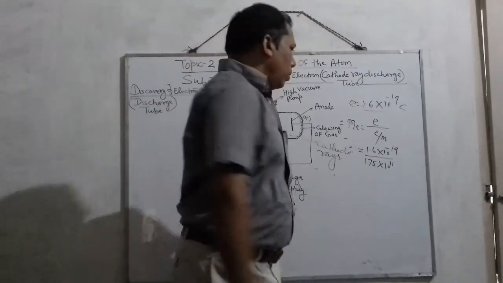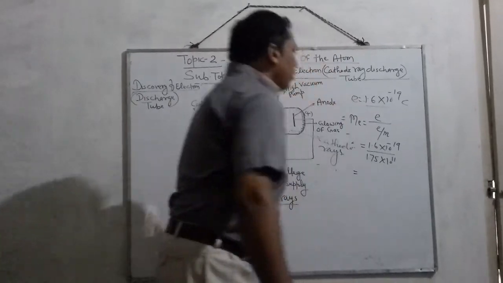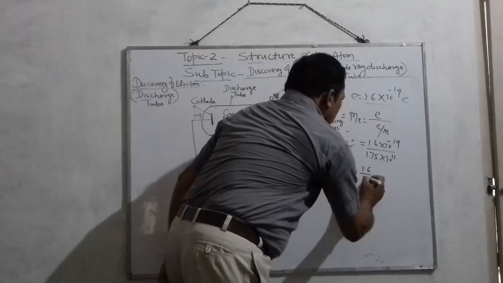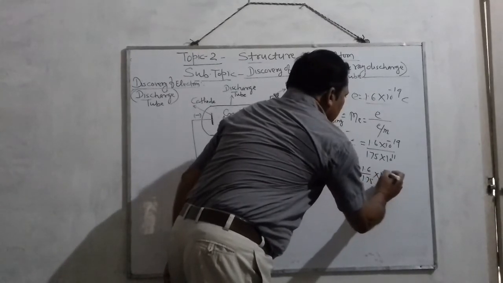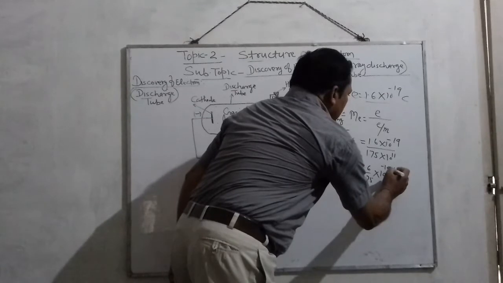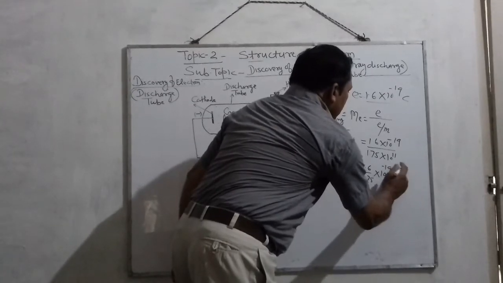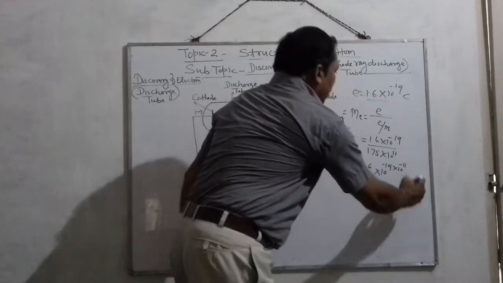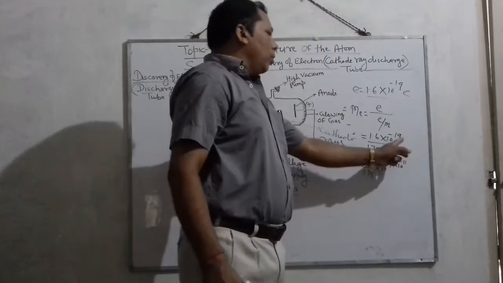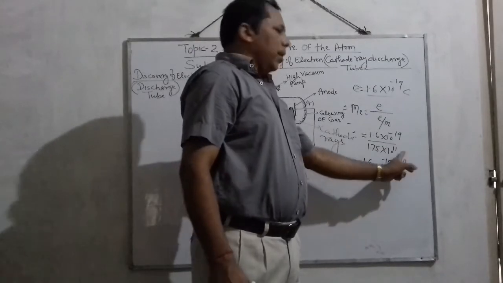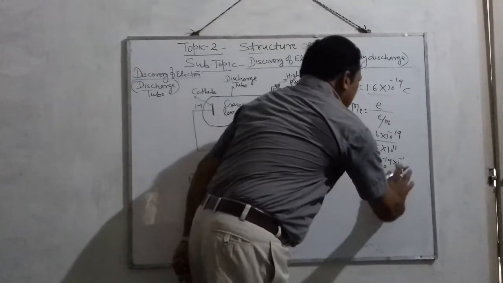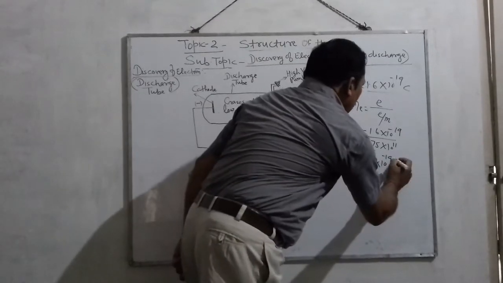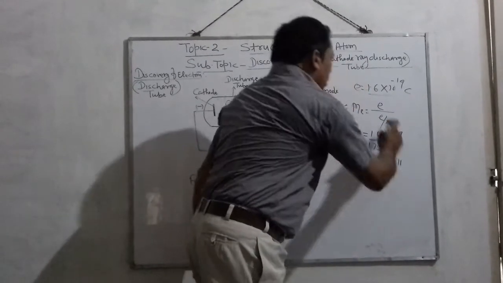Right? So on solving this, what do you get? 1.6 by 1.75 into 10 to the power minus 19, and the 10 to the power minus 11 goes to the numerator and becomes 10 to the power plus 11 in the denominator, so it may be written as 10 to the power minus 19 minus 11.